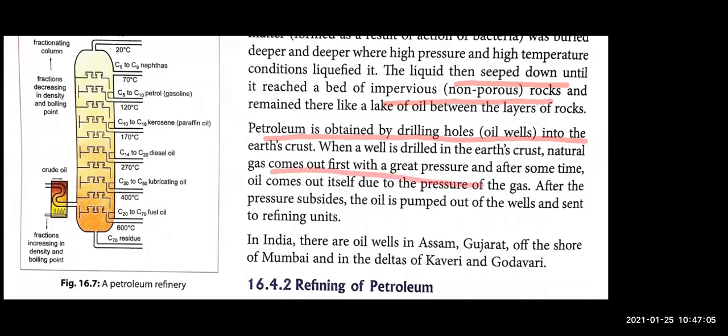After some time oil comes out by itself, and then you have to pump out the oil from the wells, and that oil is sent to the refinery system. This is crude petrol.